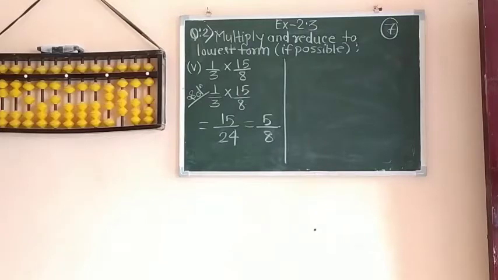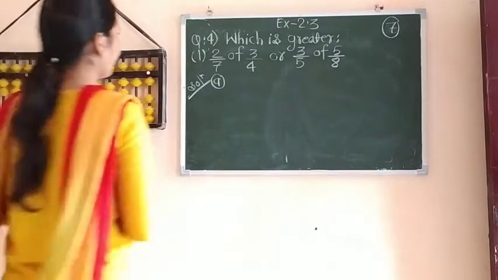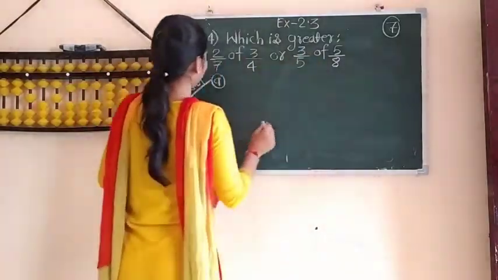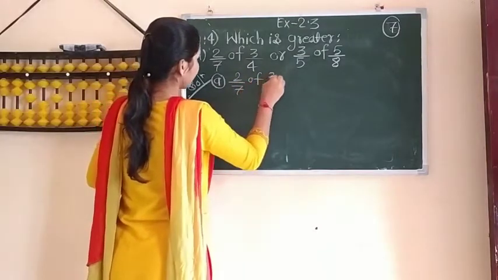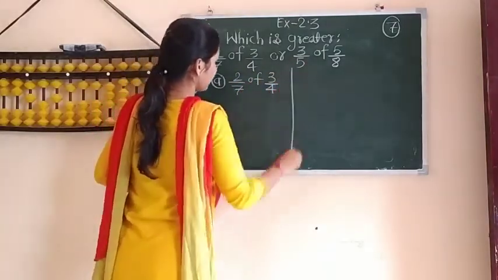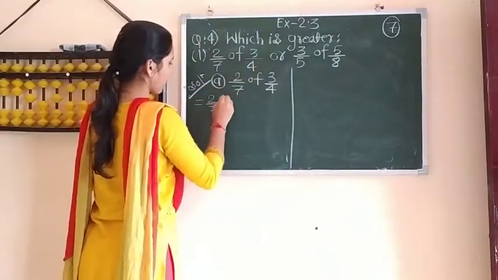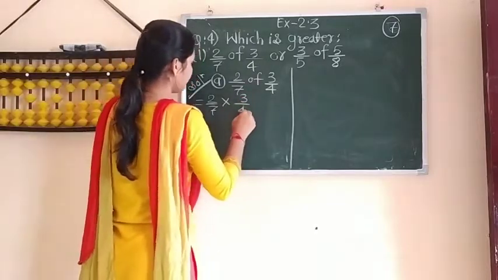Now next, which is greater? 2 by 7 of 3 by 4 or 3 by 5 of 5 by 8. So first we will solve one by one: 2 by 7 of 3 by 4. So how to solve this? 2 by 7, instead of writing "of" write the multiplication sign, and then this 3 by 4 as it is.